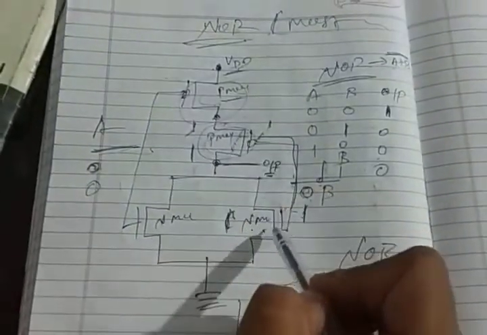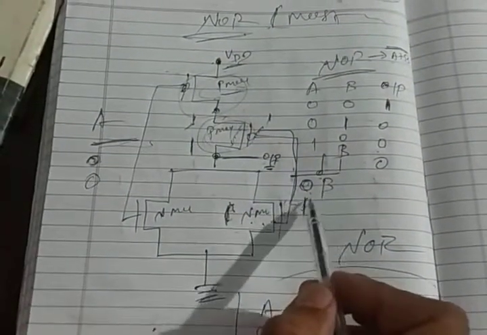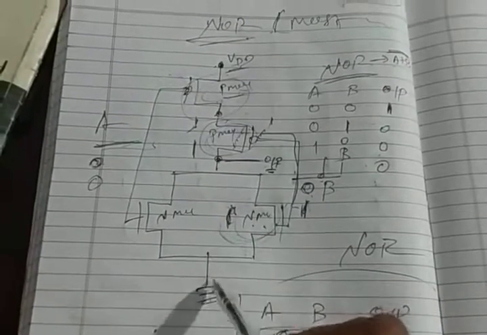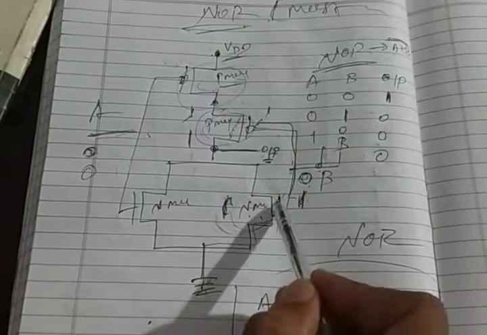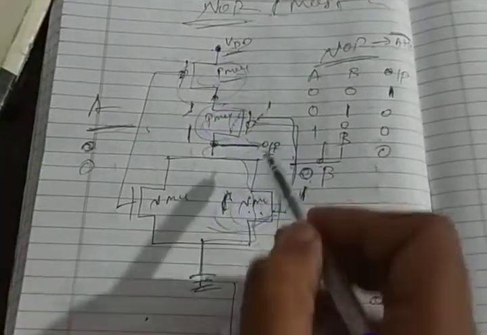So in this case, when you apply 1, then this NMOS activates, means the ground goes through this channel to the output point, means output 0.